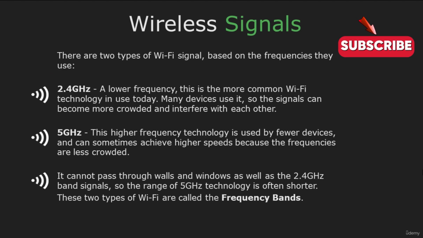So, wireless signals. What are wireless signals? A wireless signal is an electromagnetic wave traveling through the air. These are formed when electric energy travels through a piece of metal, for example, a wire antenna. These waves can travel some distance depending on the strength of the energy. There are different types of Wi-Fi signal.